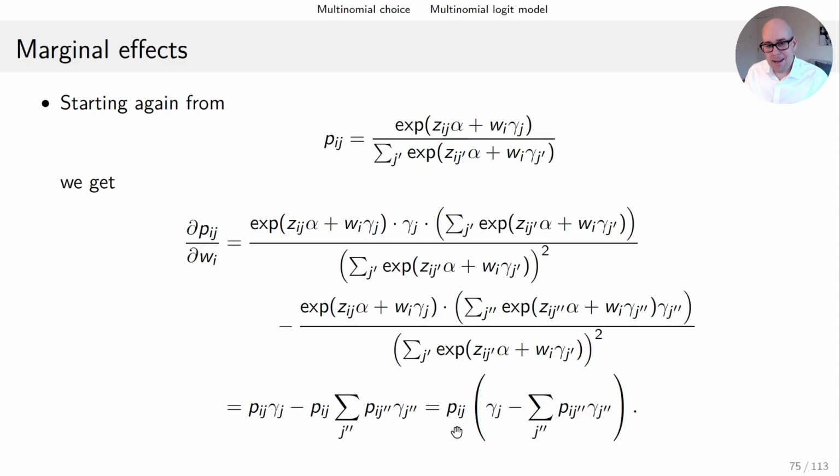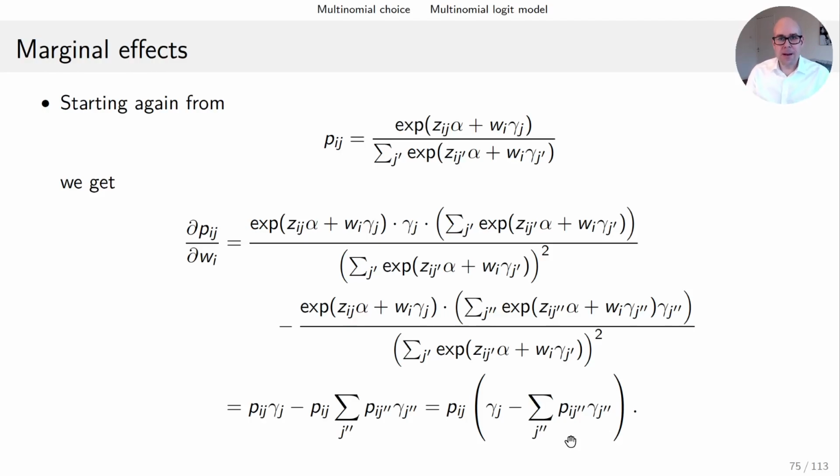So what I'm getting is, when I collect terms, I see Pij here and here, I can write this as Pij times gamma j minus this term here. Okay? And this term here is actually the average gamma j across all alternatives. Not only the average, it's the weighted average, and it's weighted by the choice probabilities.